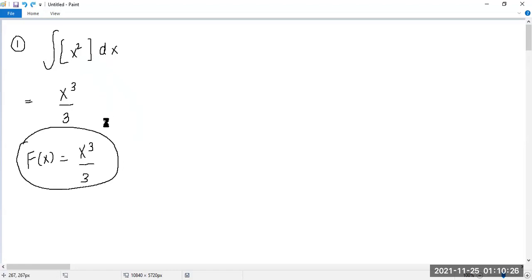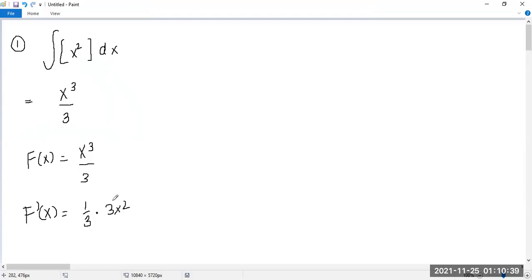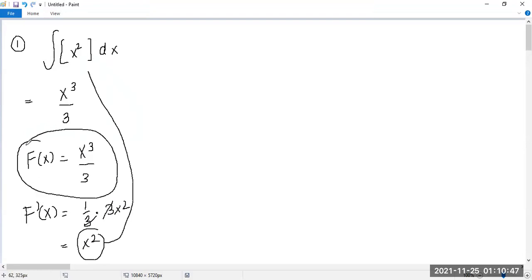So I know that was a lot, but if you bear with me here, if I take the derivative of this, what do I get? The derivative of this is 1 over 3 times 3x squared. The 3's cancel out, and I have x squared. So you can actually see that if I take the derivative of this big F, this function that I'm calling big F, then I get back the original function, which means this is the antiderivative.